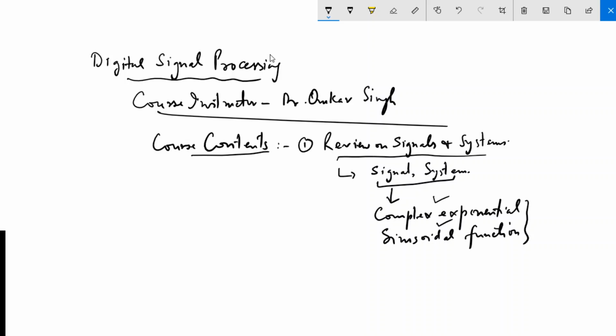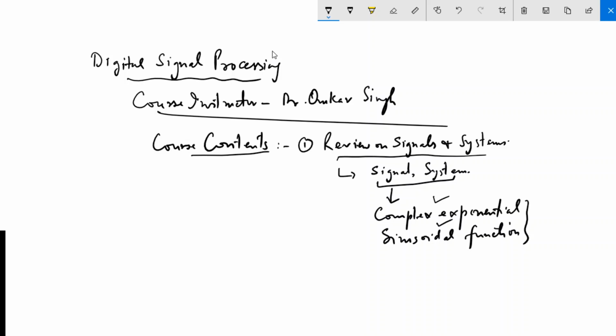Another important classification of signals that we use in DSP is digital signals, the difference between analog and digital signals, and how digital signal processing is different from analog signal processing, and what are the advantages of why we go for DSP as compared to ASP, that is analog signal processing.